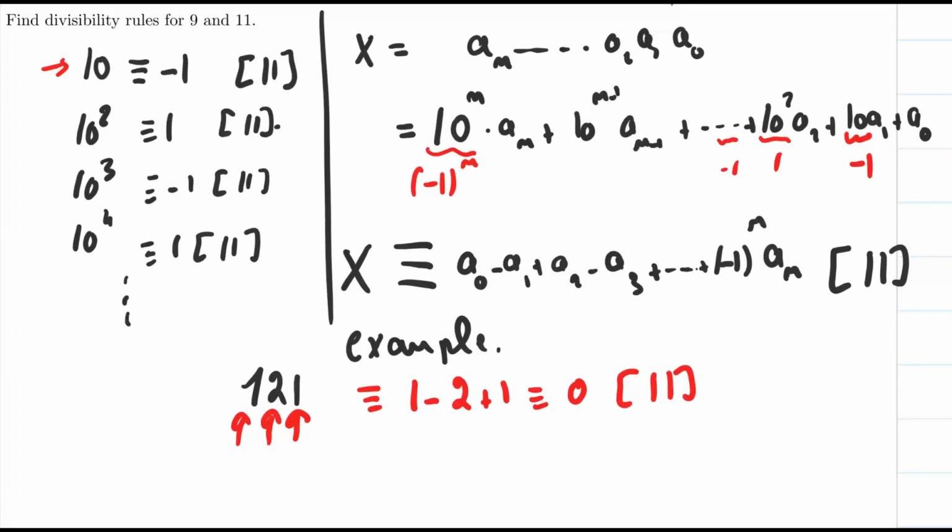But it's interesting to realize that if your number has 2 digits, it is divisible by 11 if and only if these 2 digits are equal. We know that, in fact. Like 66 is divisible by 11. And indeed, it's congruent to this 6 minus this 6, which is congruent to 0 modulo 11.